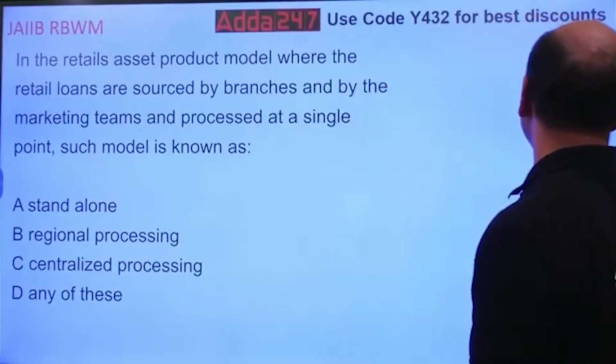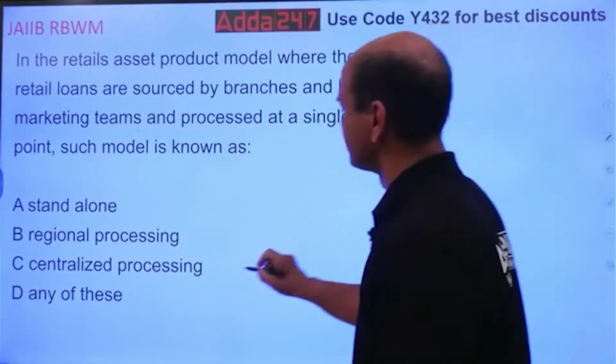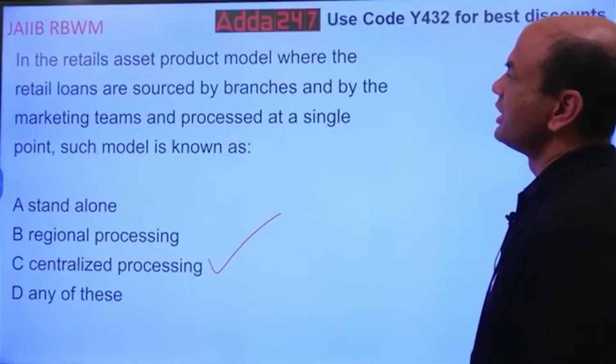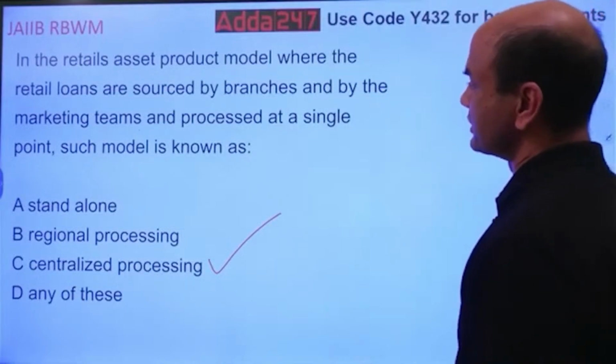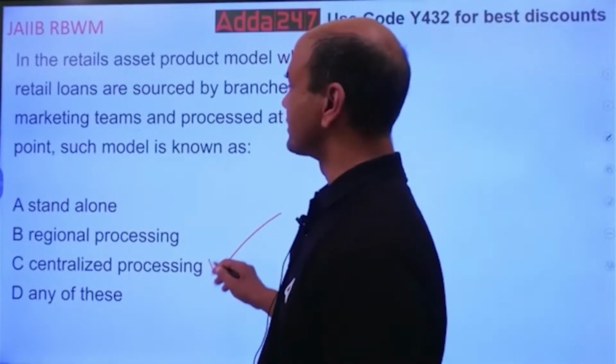Whenever you have it at a single point, it's centralized processing. In the retail assets model where retail loans are sourced by branches and marketing teams and processed at a single point, that was the question, right? So it is centralized processing.